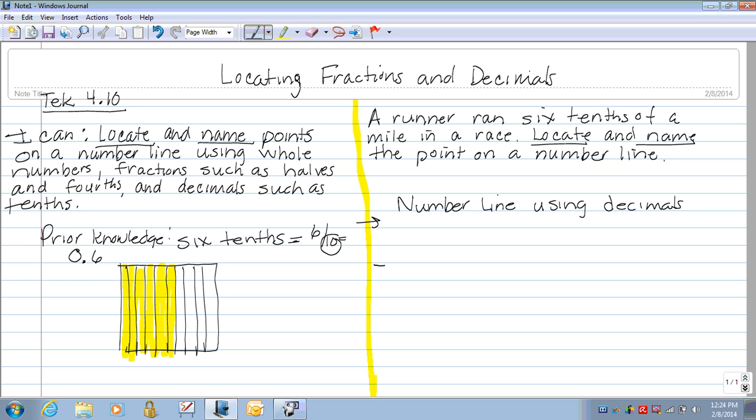Well, we know that 6/10 falls between 0 and 1. If I divide my number line into 10 equal parts, because my denominator says there's 10 equal parts. So now I need to divide it into 10 equal parts, and that will make it into tenths.